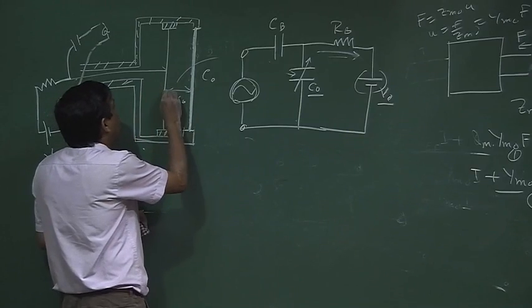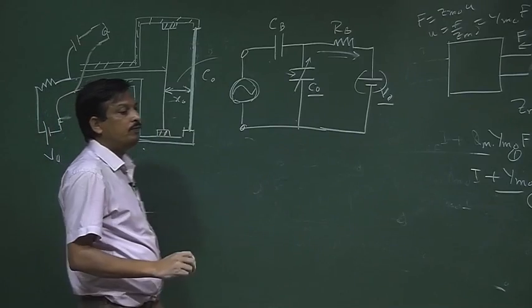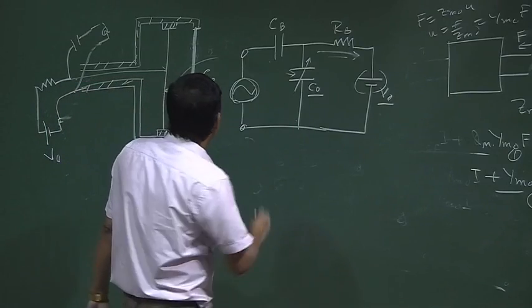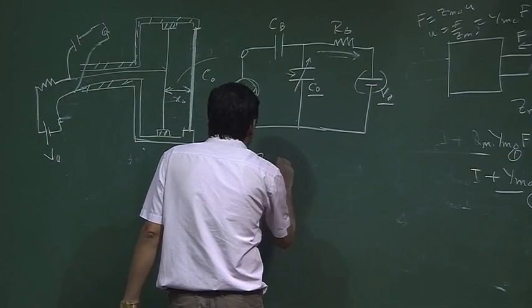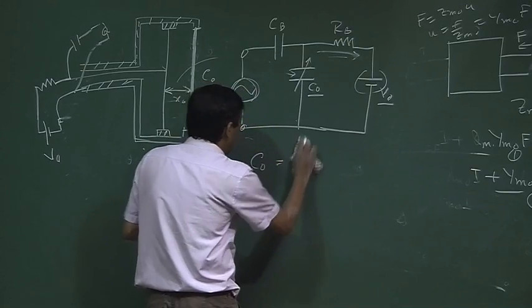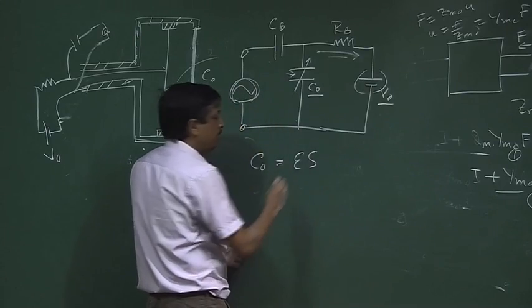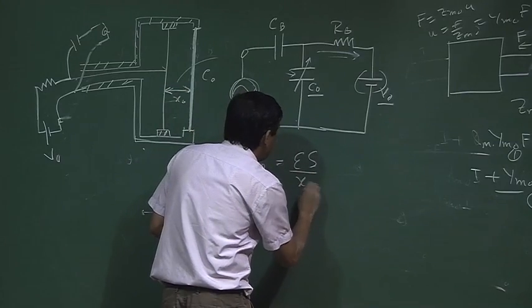Okay. Now, if I apply a V0 voltage, then C0 will be charged. Once C0 is charged, the distance between the two plates is X0. So, I can write C0 is nothing but epsilon S divided by X0.